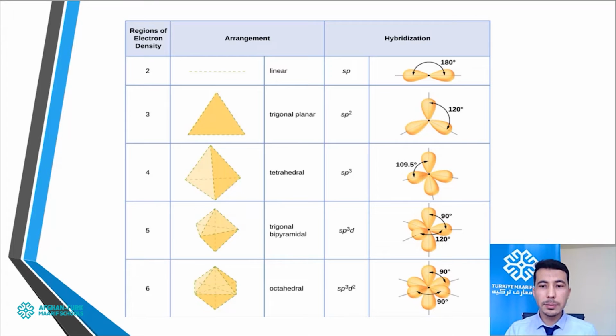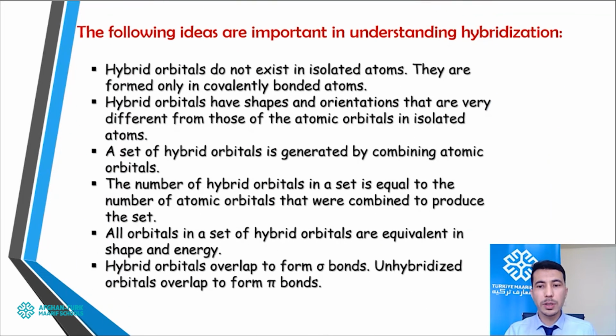Okay, students, at last, let me tell you some important ideas that you have to understand for hybridization. The first one is that hybrid orbitals don't exist in an isolated atom. In a single atom, hybrid orbitals will not exist. For hybrid orbitals to exist, they must react and form covalent bonds. So during this reaction, during the forming of covalent bonds, hybrid orbitals can be formed.